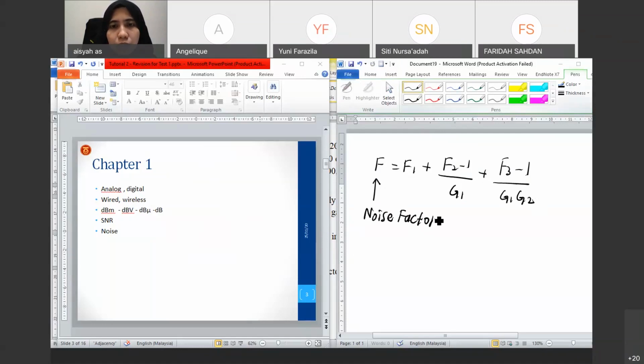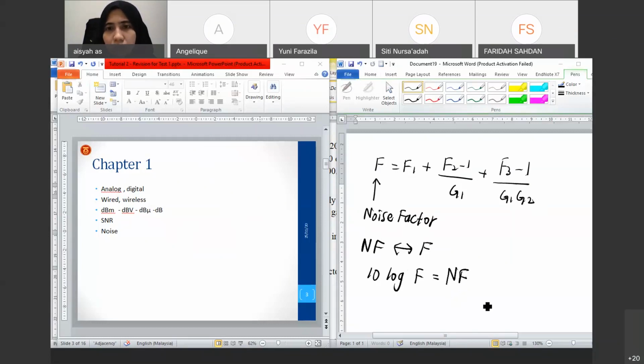Okay, if given the noise figure, how to change from noise figure to noise factor? What is the relationship of noise figure and noise factor? 10 log F equals NF.